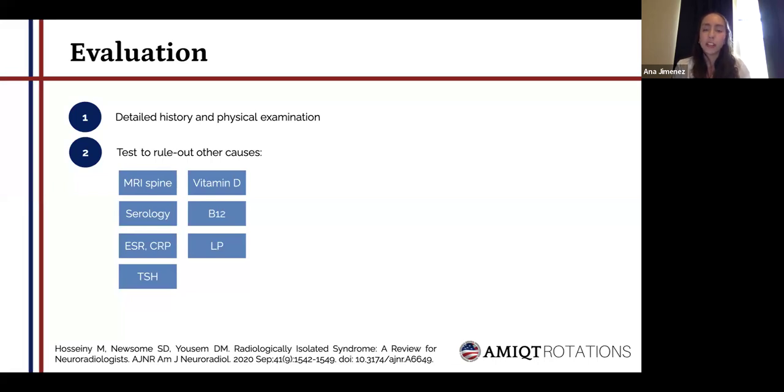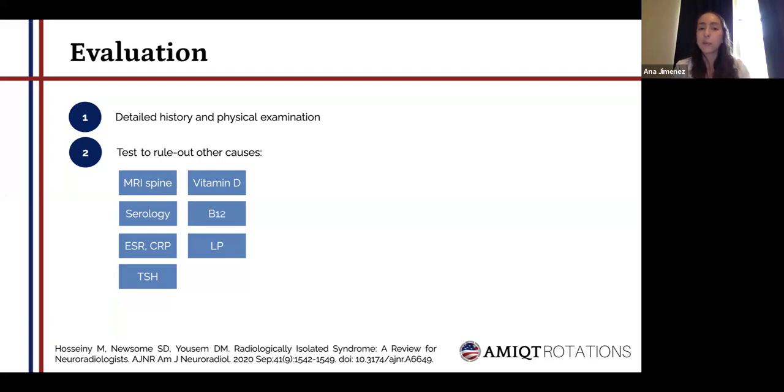The inflammatory markers ESR and CRP, which are associated with inflammatory conditions. The thyroid function, because both hypothyroidism and hyperthyroidism are associated with neurological compromise. Vitamin D, as it is a risk factor when it is deficient, it is associated with MS.